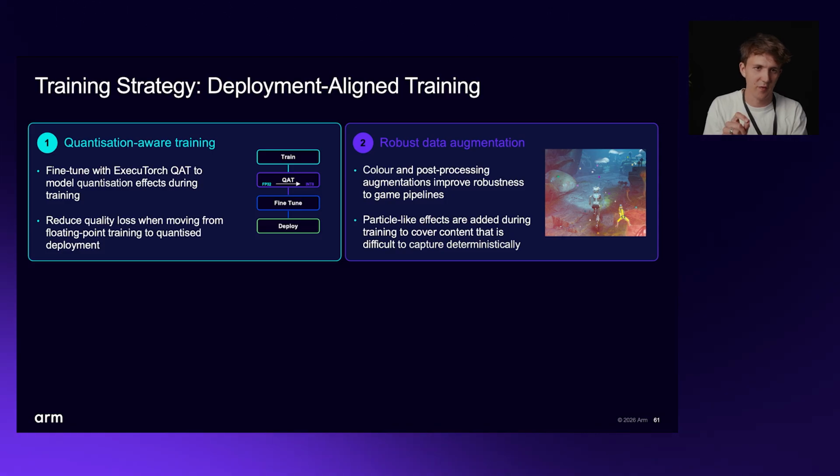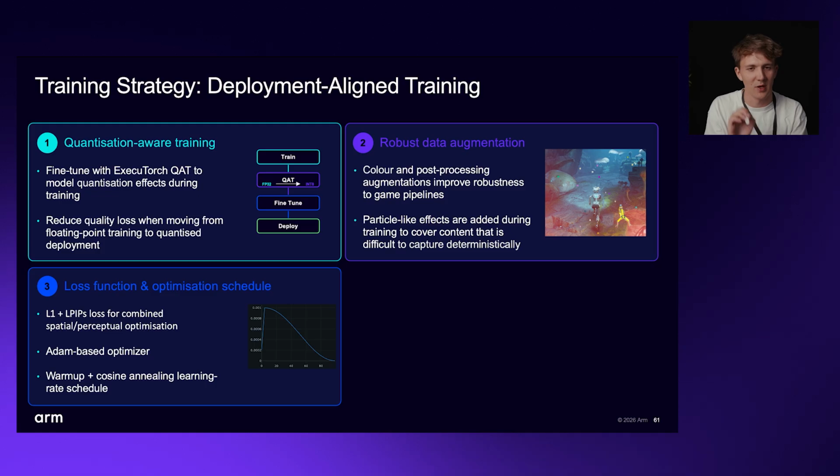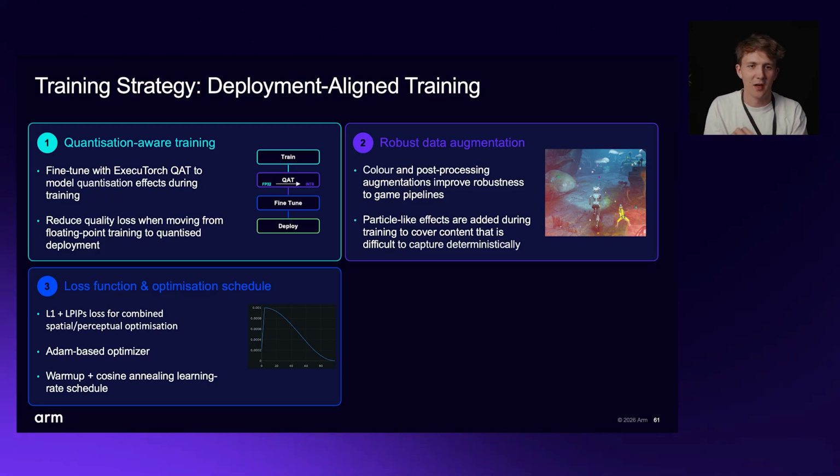So we add this screen space particle effect augmentation where we basically render little bits of confetti onto a frame. We found that this augmentation helps to improve the performance of the model for this scenario.